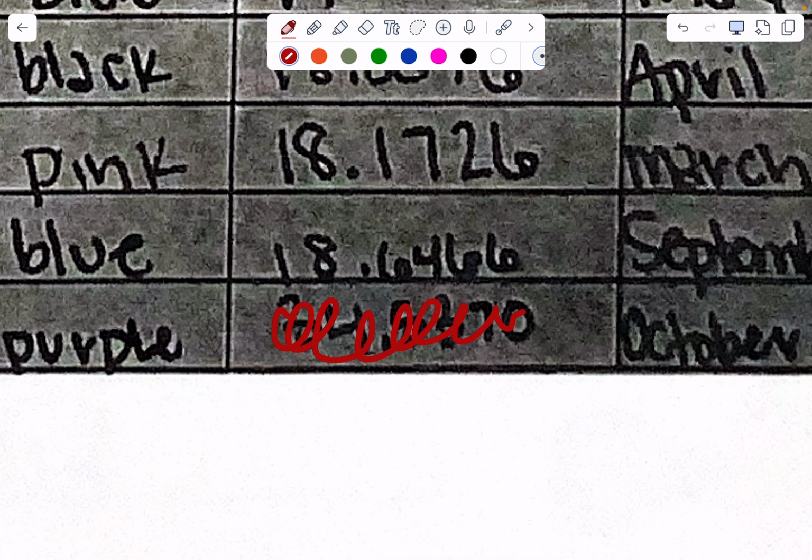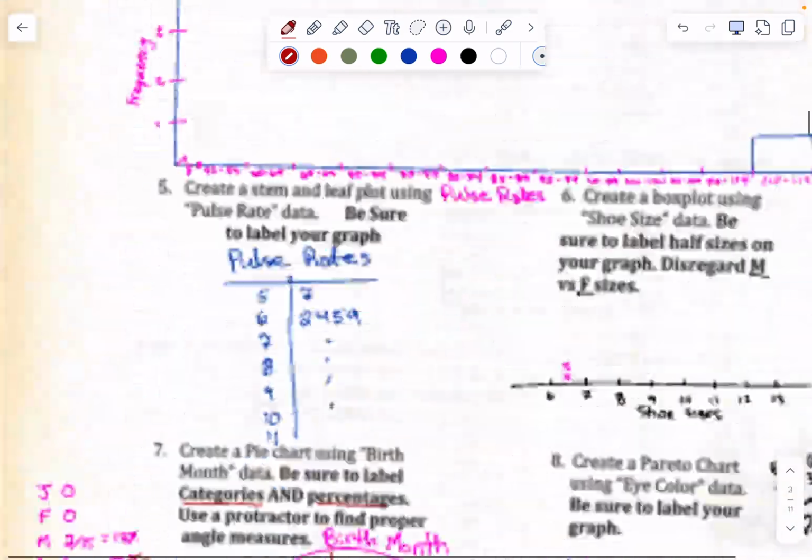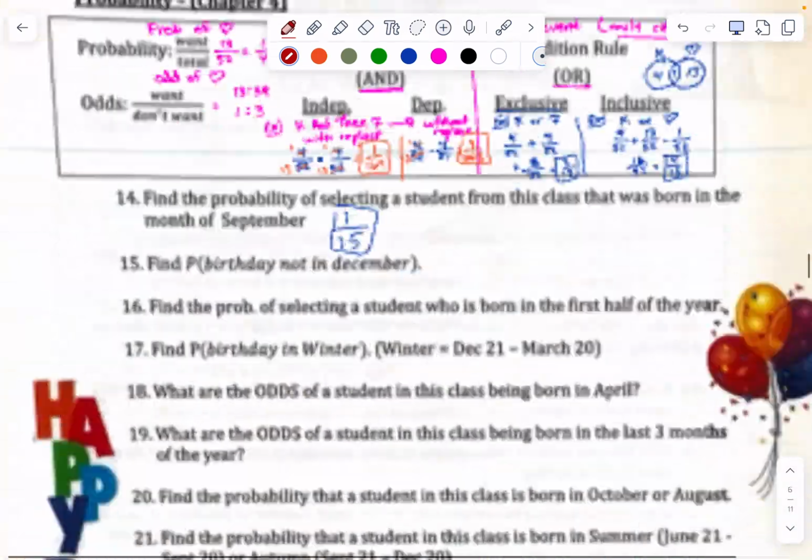And 18.6466. All right, Reese got an answer.